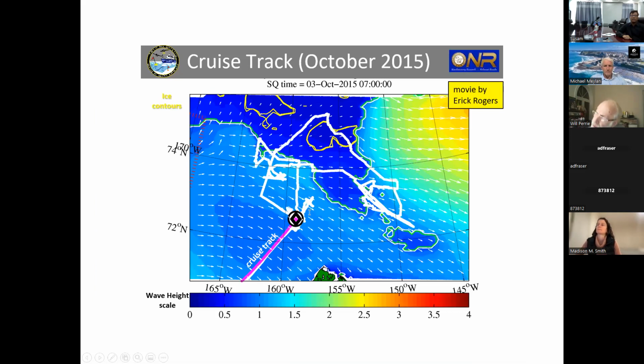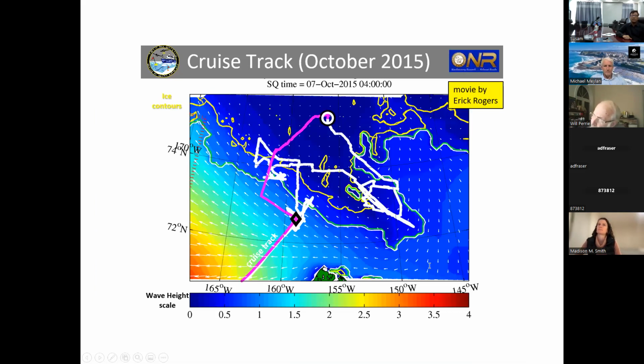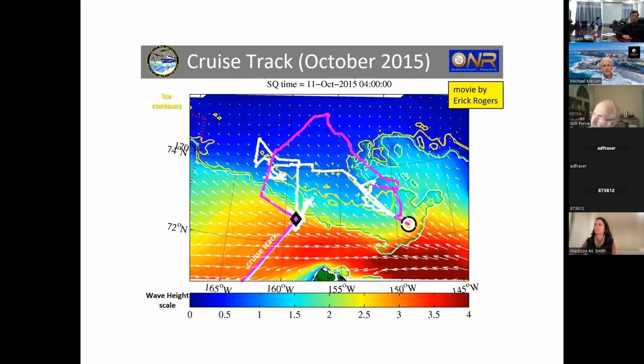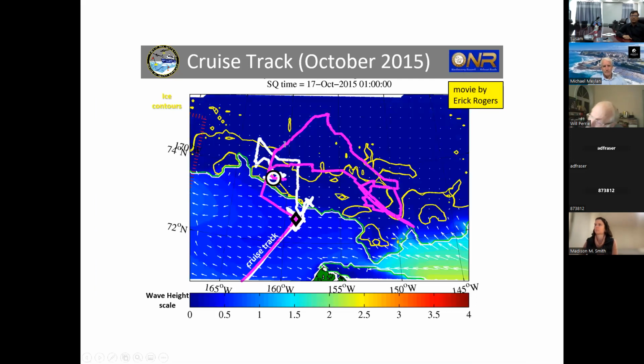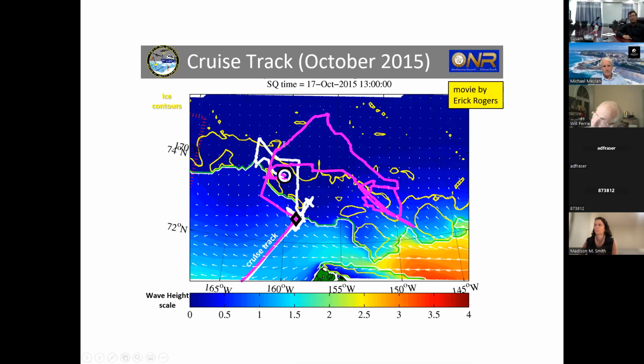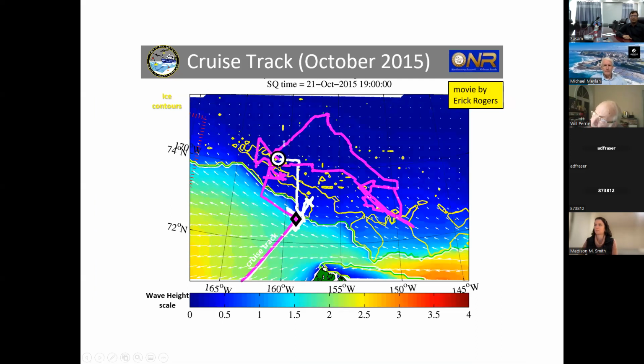So sometimes, like now, the deployments are in more open water around October 14th, 15th, and the waves are kind of large. And later on, the deployments are near the ice edge, and the waves are moving at slanting fetch to the ice edge, like I just showed you in that ideal case.